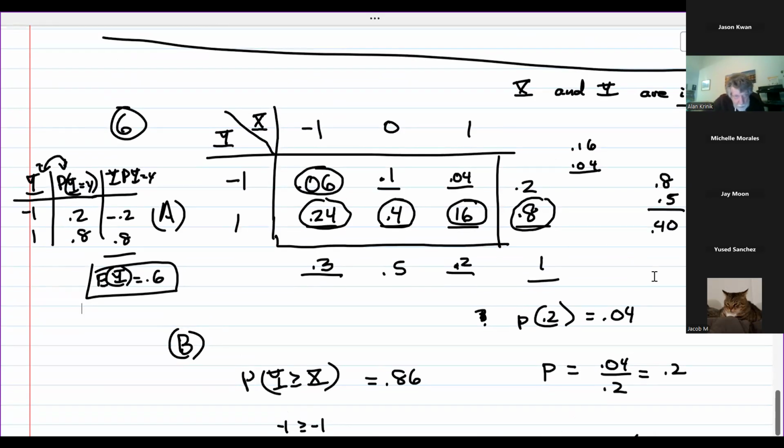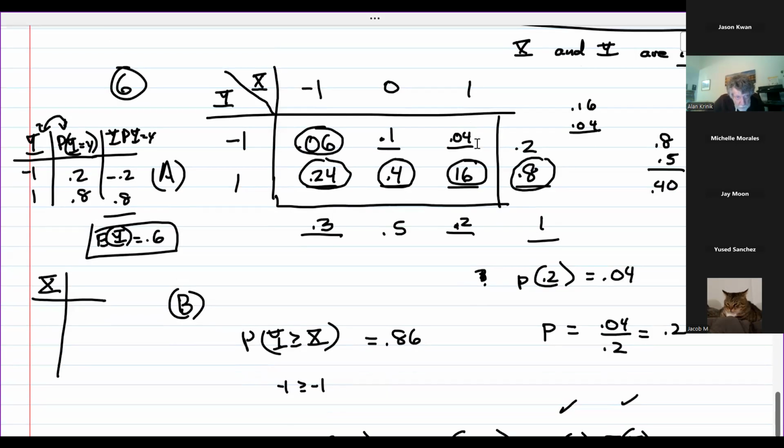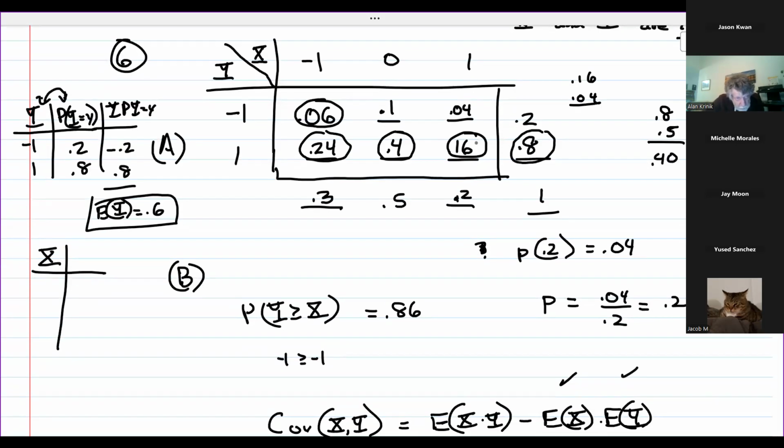What about Y? Well, I just did Y. What about X? X takes what values? X takes values of -1, 0, and 1. What are the probabilities that they take those values? That's these probabilities here: 0.3, 0.5, and 0.2.